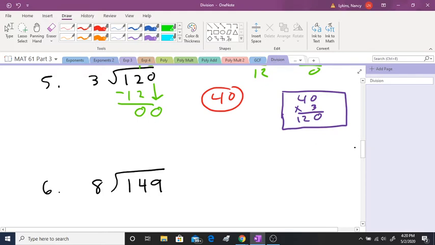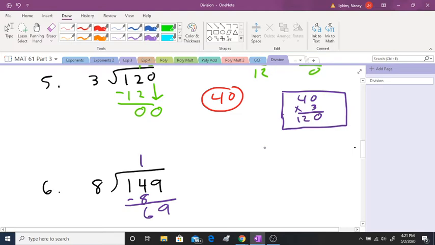Now, how many times does 8 go into 149? Let's just break down to the 14 first. So 8 goes into 14 one time. 1 times 8 is 8. Then when I subtract, I get a 6. Then I have to bring my 9 down.